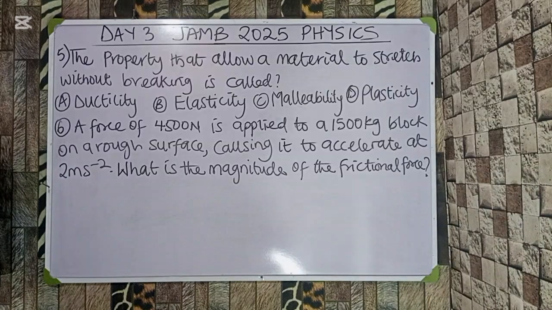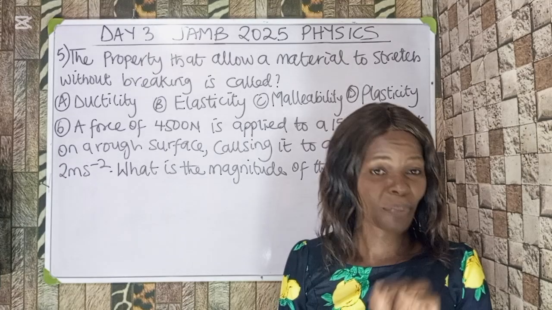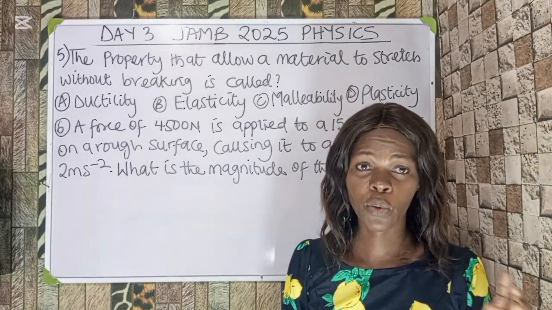Question 5. The property that allows a material to stretch without breaking is called: option A, ductility; option B, elasticity; option C, malleability; option D, plasticity. Now before I pick the correct answer, let me explain them one after the other.